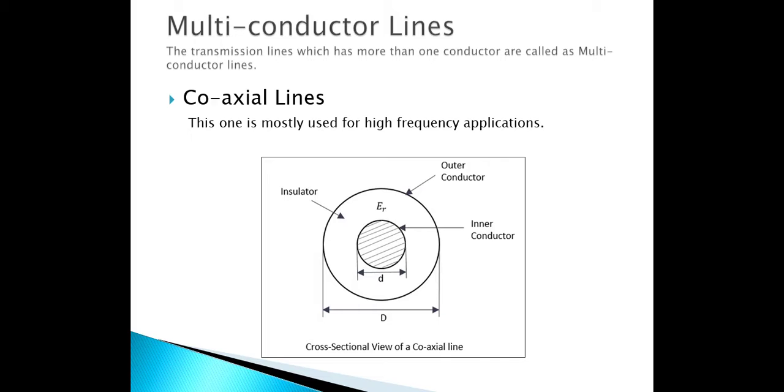The transmission line which has more than one conductor is called a multi-conductor line. Under this we have one type, that is coaxial line, or we can say coaxial cable. This is one of the most used for high frequency applications.